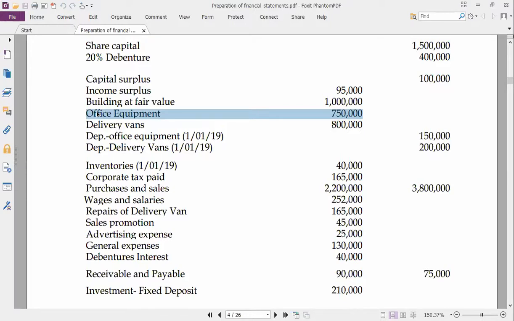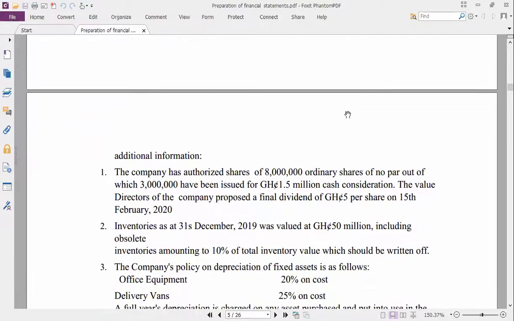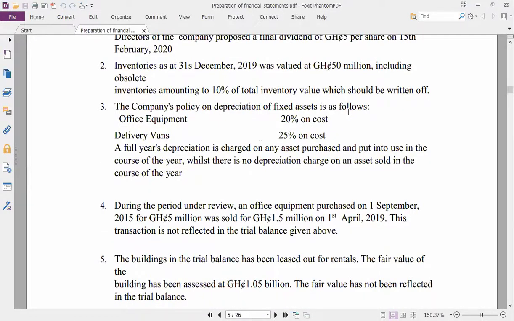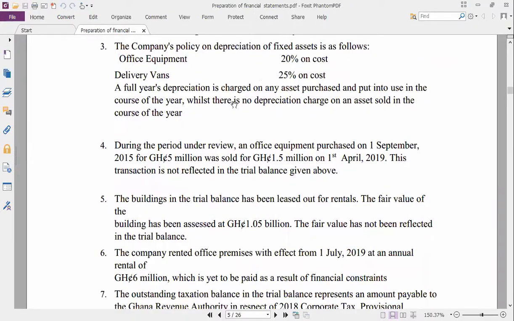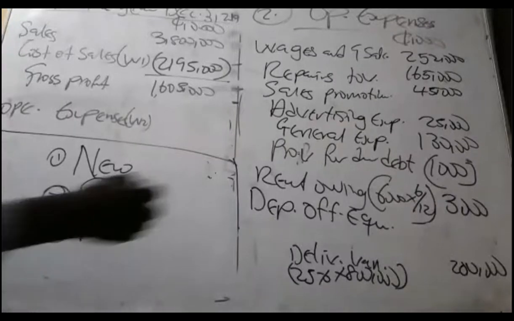If they have 750 and we are selling 5 million out of the 750, what will be the remainder? Times the 20%.